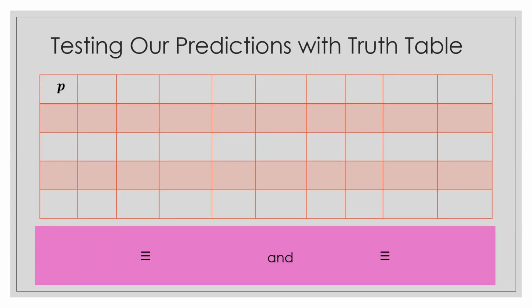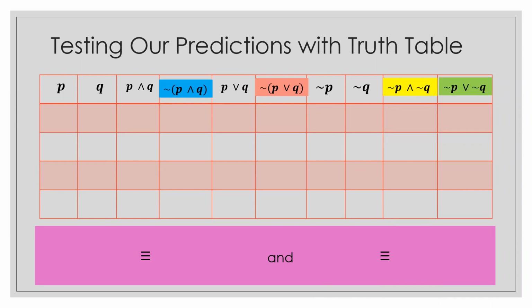So here we have P and Q. I'm going to look at P and Q, and then take the negation of that, since that's the order of connectives. Then I'll look at P or Q, and take the negation of that. Next, I'll negate P, negate Q, and then take the combinations of those, as in the and statement and the or statement.